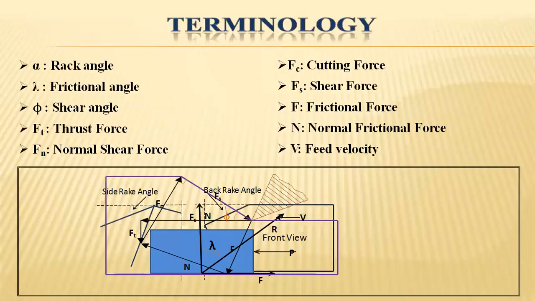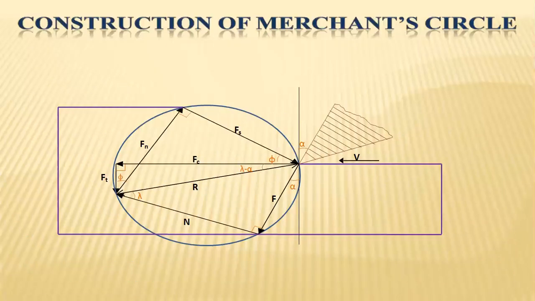So phi is equal to lambda minus alpha. Hence, the resultant forces, frictional forces development, the cutting forces and normal forces occur.